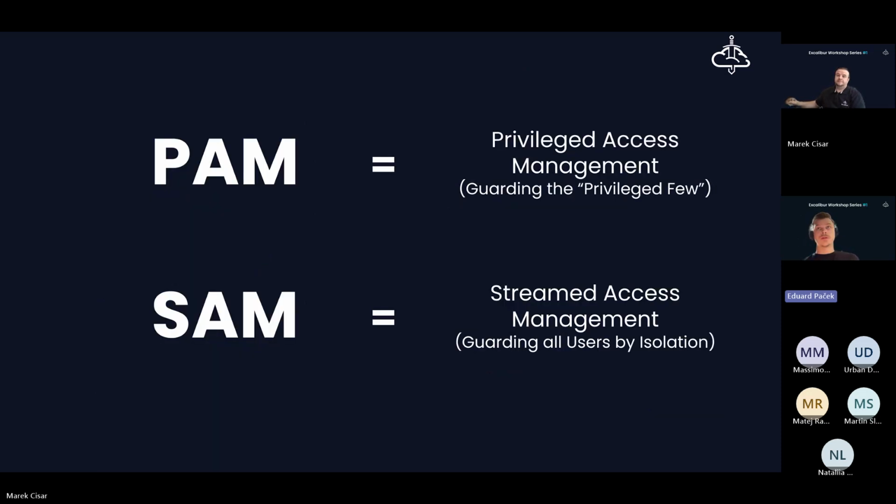Here is the basic comparison between the standard privileged access management tool and SAM, stream access management. Privileged access management is focused on the privileged few, such as administrators, IT managers, or other important people within the infrastructure, and it protects basically those. The current situation is that standard users can also be attacked, credentials can be stolen, and attackers can get into your infrastructure through basic users.